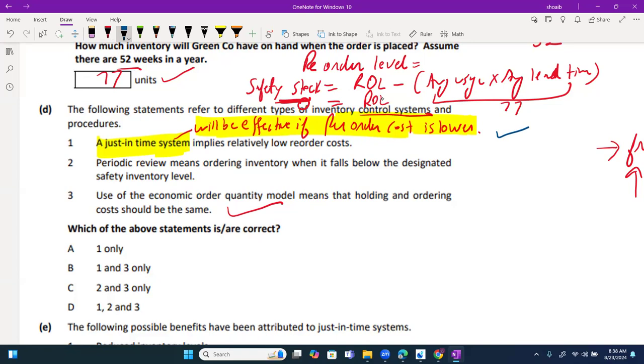Okay. Second, periodic review. Periodic review means you will review after one period, and then you will make the changes. You will change the inventory level after a fixed interval.